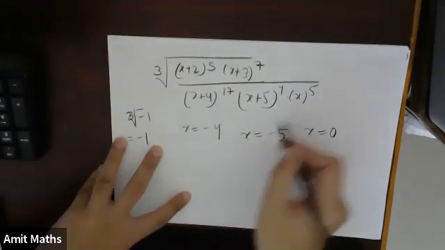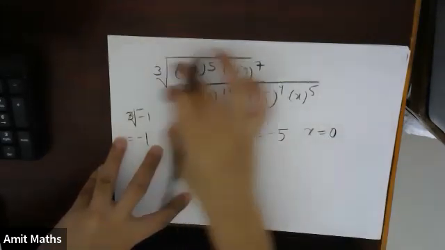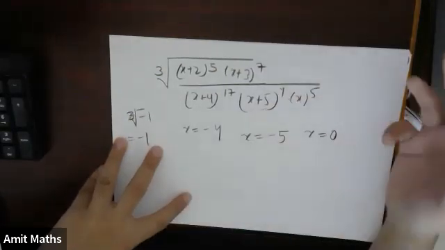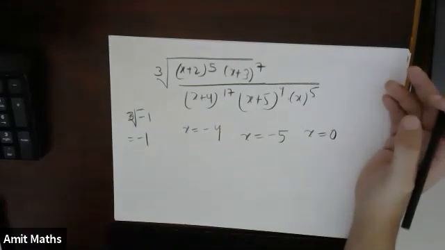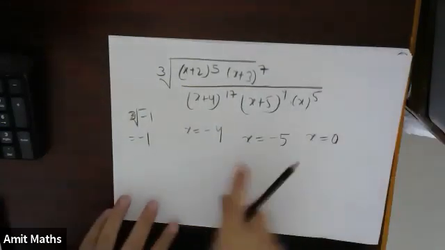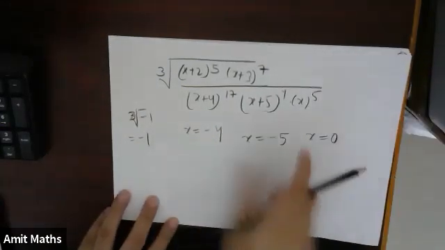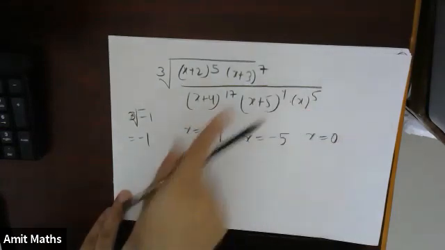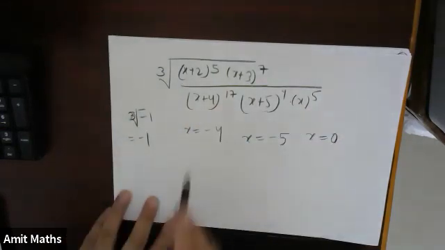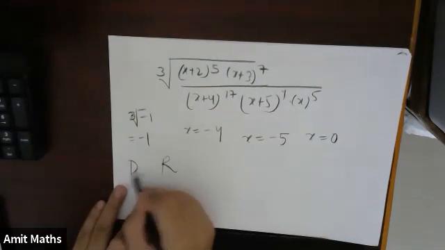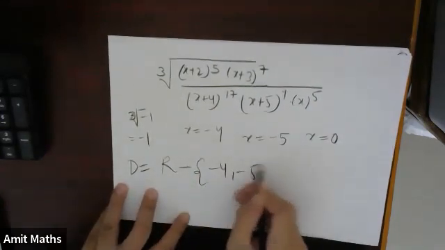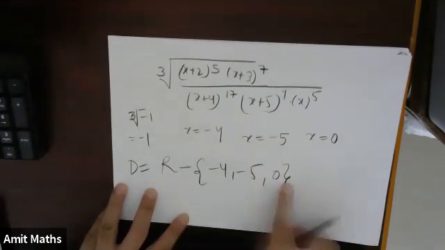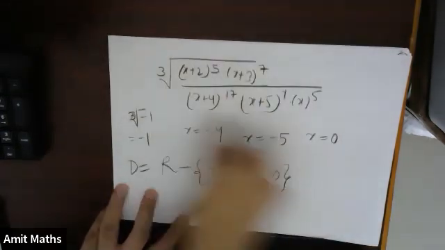That means other than these, whatever value I substitute, even if I get negative, it won't make any difference. Only for these values will the denominator be 0, which is undefined in maths. So the domain of this will be all reals except minus 4, minus 5, and 0. Only these values of x I cannot take, rest everything I can.